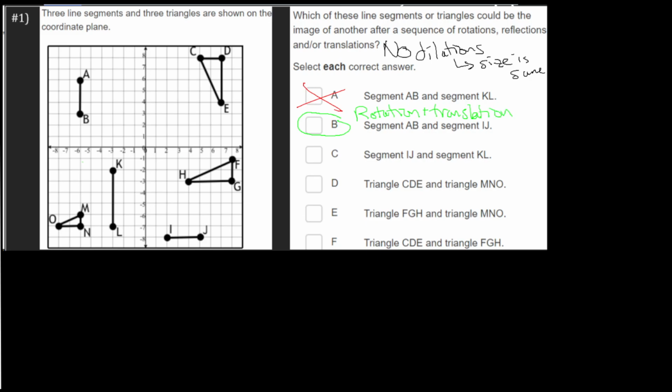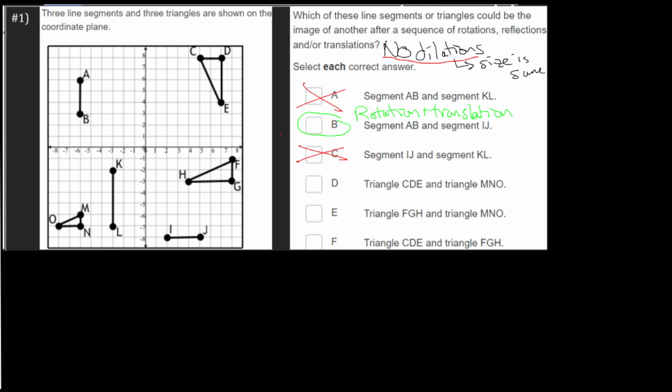So if I'm looking at AB to IL, I could rotate and then slide down. For C, it's saying segment IJ to KL, same idea. We can't do that one because it's a dilation. So again, no dilations, meaning our size cannot change.